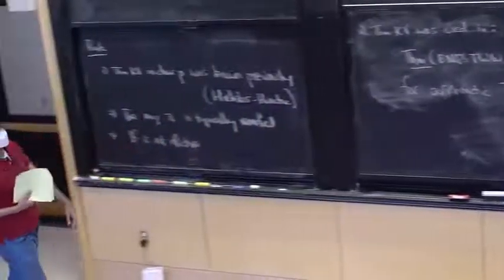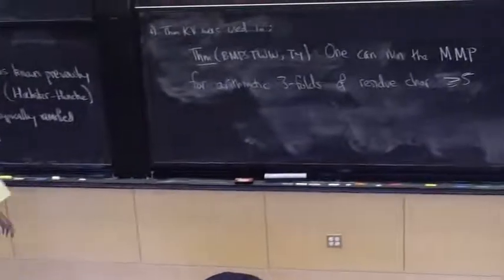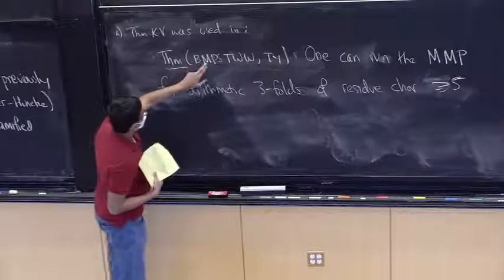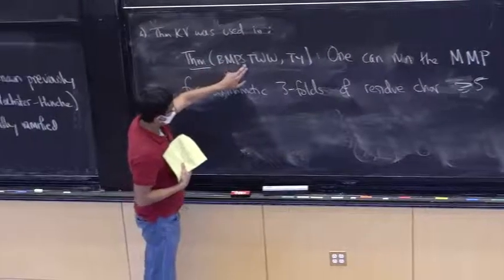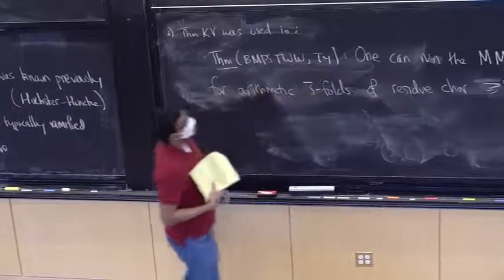So for example, a threefold over Z_7. And there's a lot of authors, so I didn't write out the names. That's Linquan Ma, Joe Waldron, Jakub Witaszek, Kevin Tucker, Karl Schwede, Jefferson Baudin, and Takamatsu and Yoshikawa.